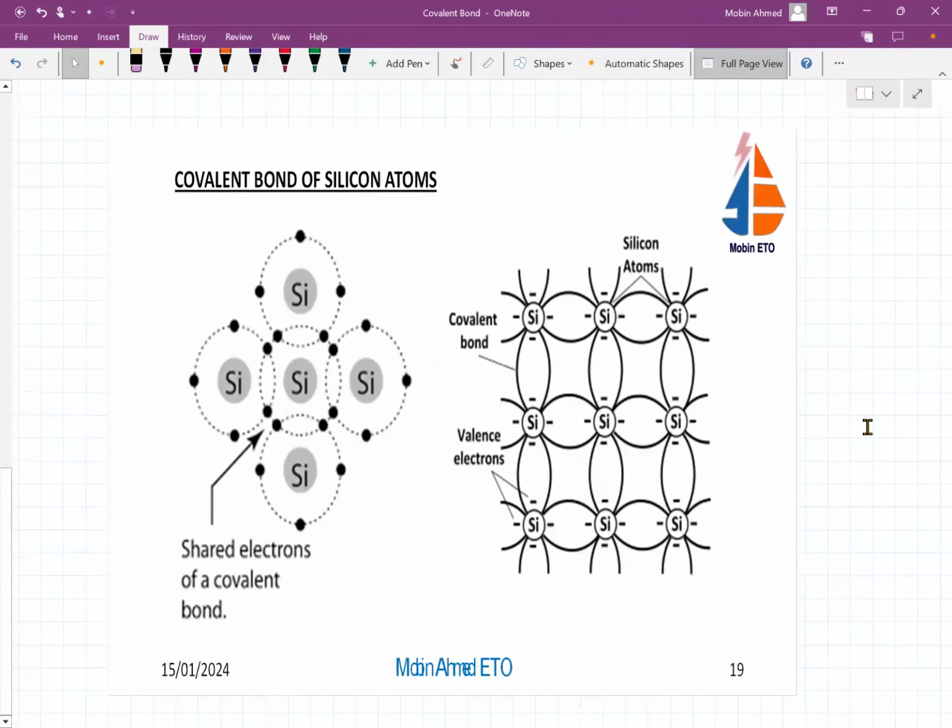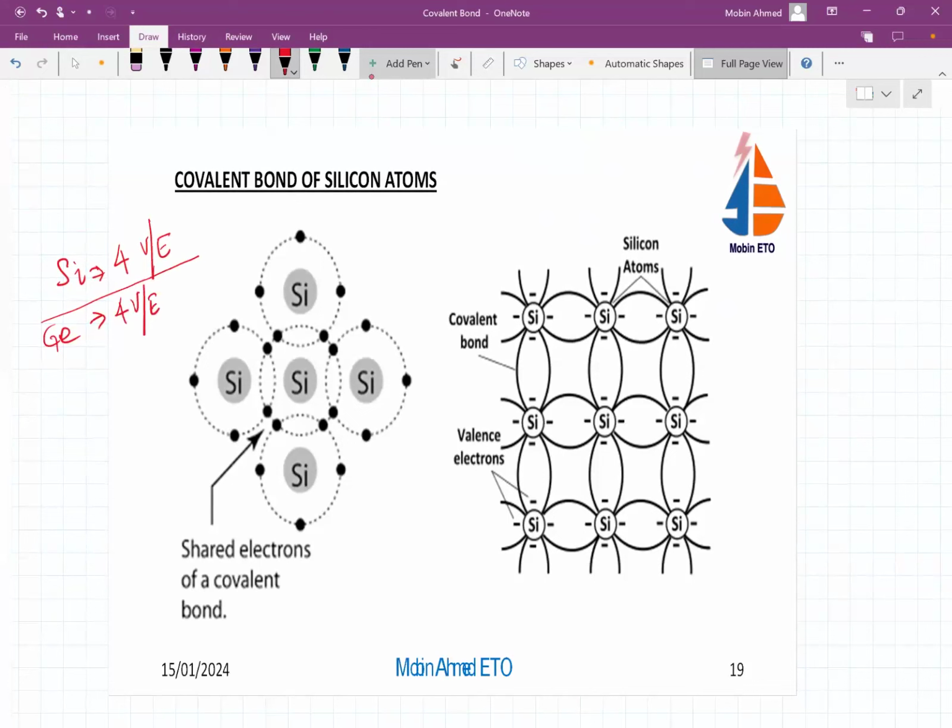So this is the covalent bond of silicon. Now we know that silicon has four valence electrons. Even germanium also has four valence electrons.